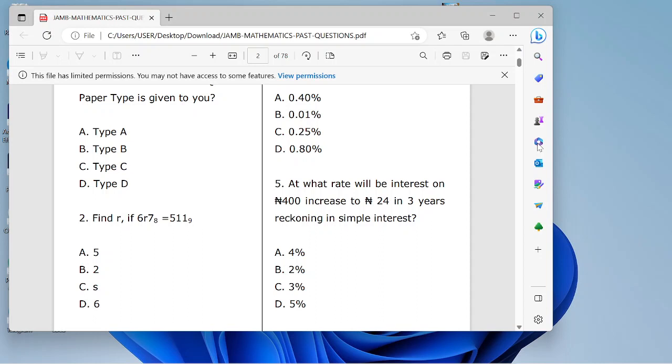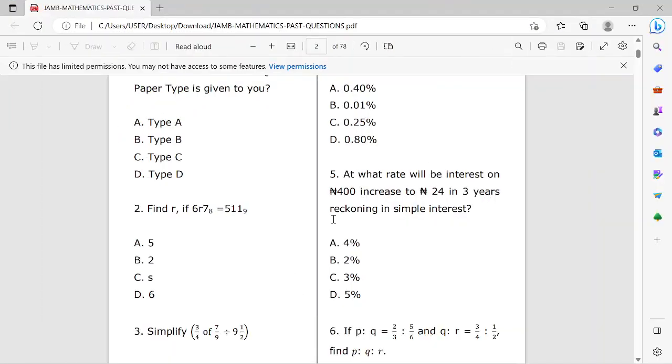We're going to take the topic from where we are currently down to the aspects of sales, and we'll wrap it up by looking at simple interest. Alright, so without any further ado, let's get started now.